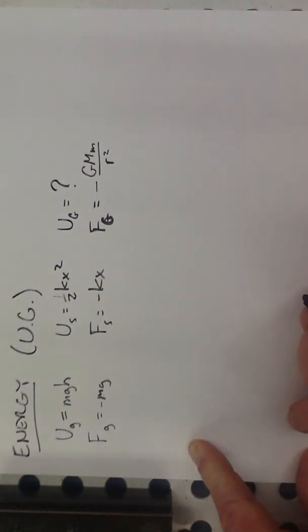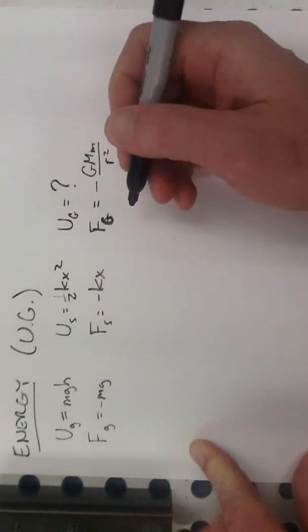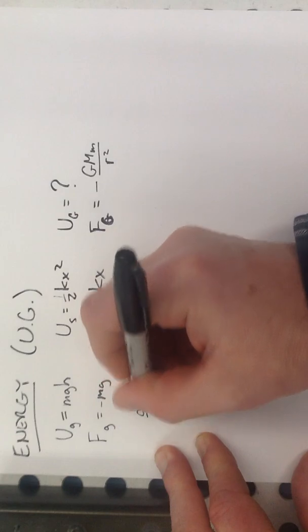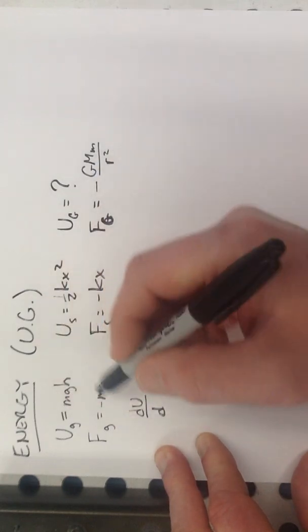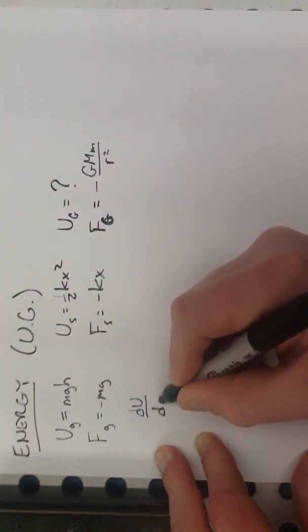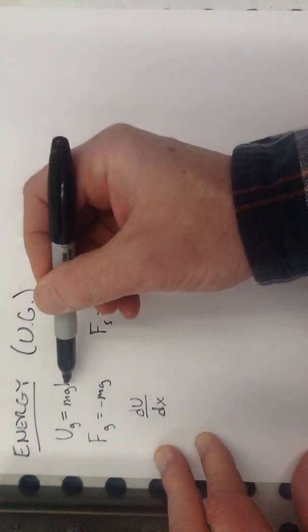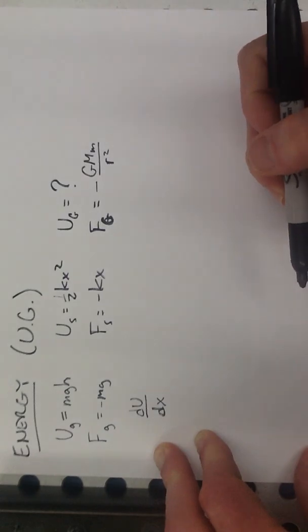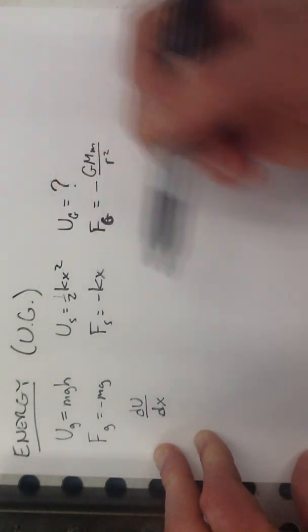This is a calculus relationship. If you look at what's going on here, in all of these cases, the derivative of the potential energy function with respect to position, I'm going to put an x here, but here the position was measured, we used h because it's vertical up down. Here I did in fact use x.